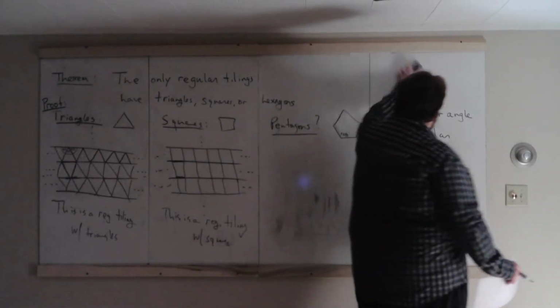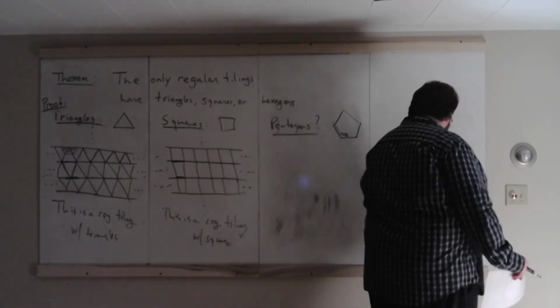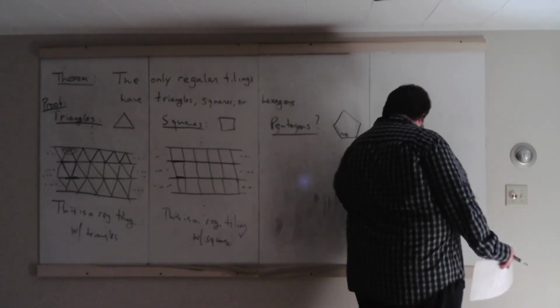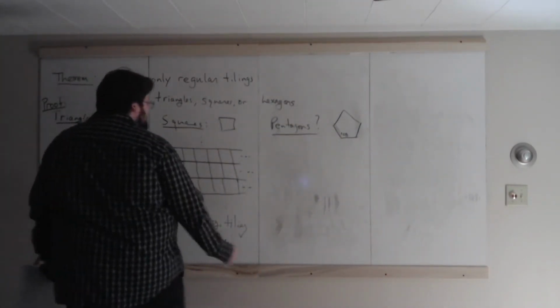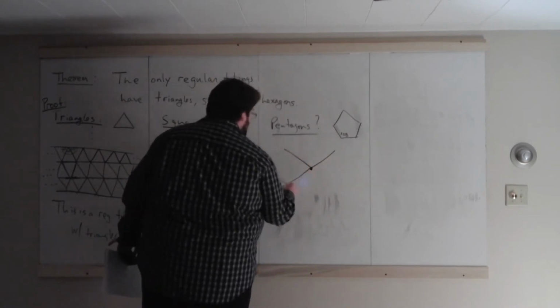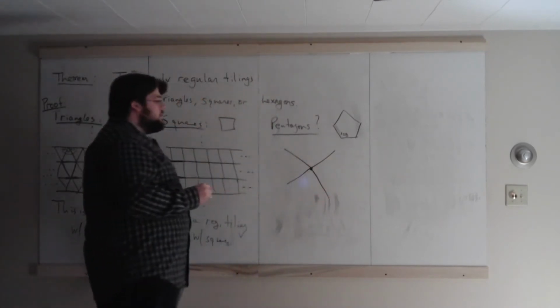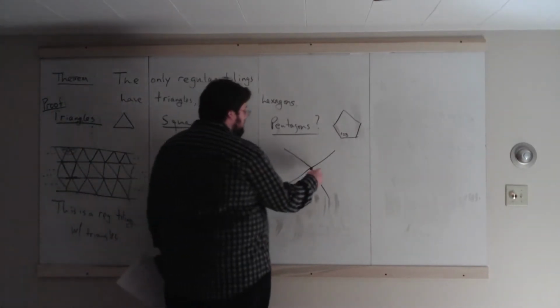And now I'm going to erase this, because I might need this board. Next observation. What happens at a vertex in a tiling? Well, at a vertex in a tiling, you're going to have edges coming out of it.